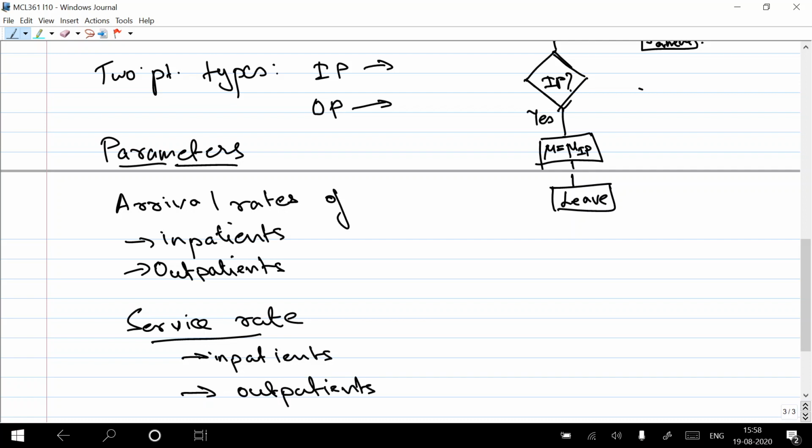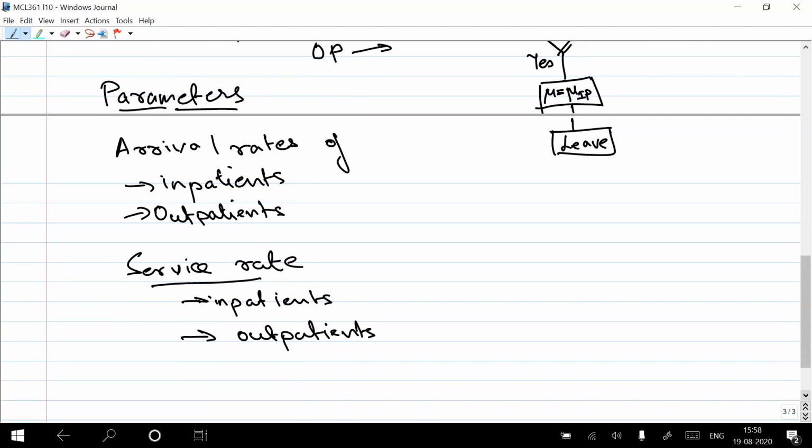Okay, in our case we don't have any other parameters, but if you're building a more complex simulation, then your flowchart or your algorithm is going to be more complicated, and the number of parameters is also going to be much more.